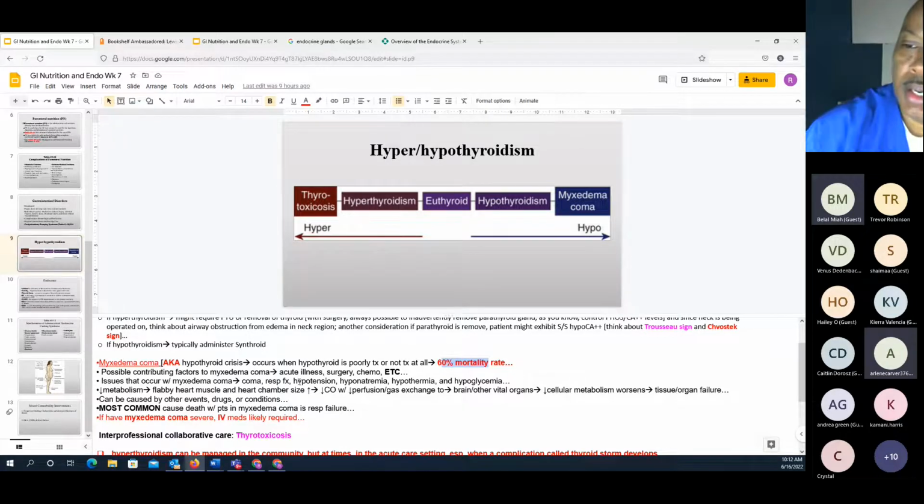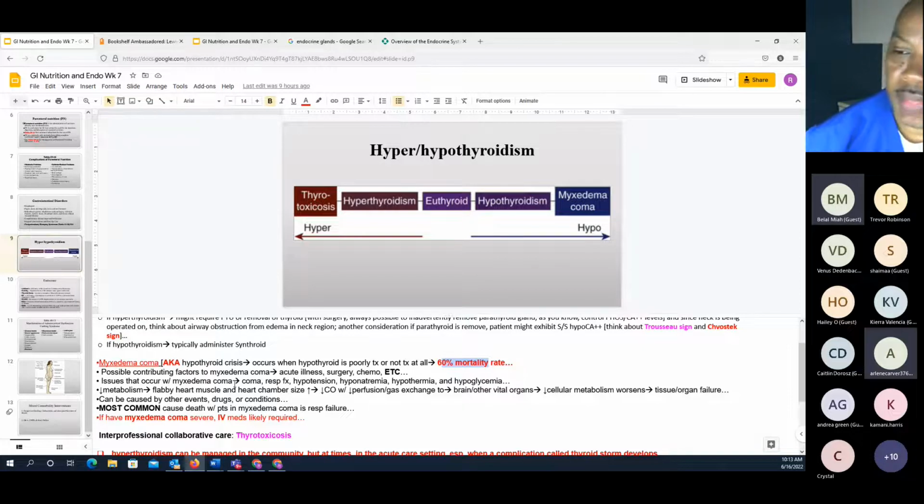Again, when we're talking about hypothyroidism, the metabolic system is moving extremely slow, right? As opposed to hyperthyroidism, the metabolic system is moving very fast, right? You're burning a lot of calories. The heart is working very hard in your hyperthyroidism. But now just back to myxedema coma or the complication of hypothyroidism.